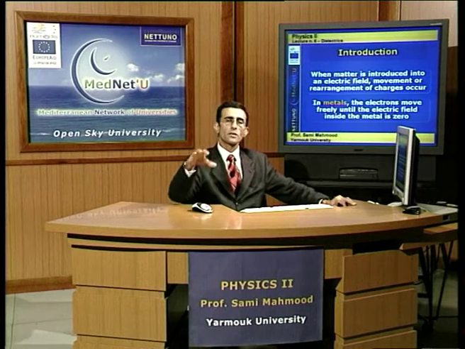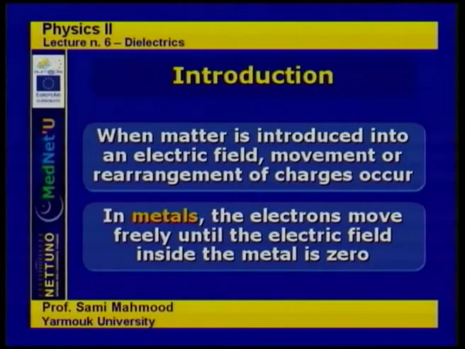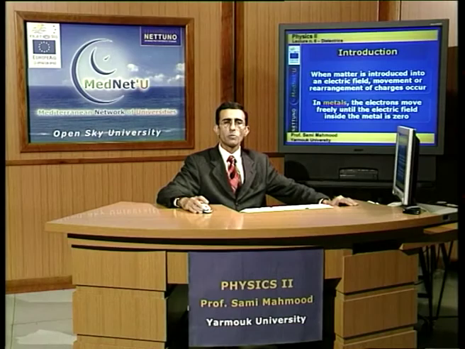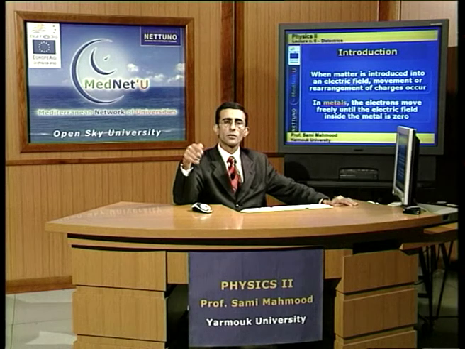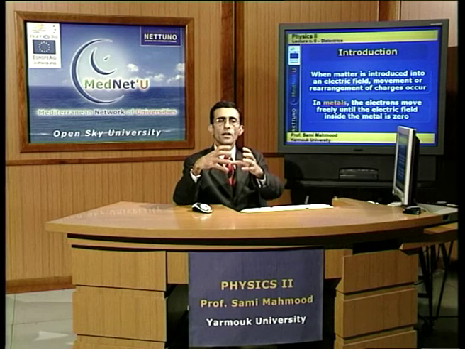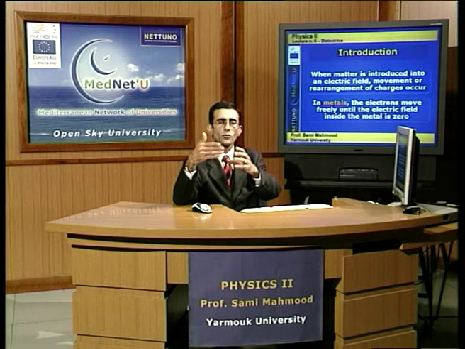In metals, because the electrons are free to move, if we apply an electric field, the electrons will keep moving freely until the total electric field inside the metal is zero, which implies that if we apply an electric field on a body, then the rearrangement of charges within that body sets up an opposite field to the applied one.